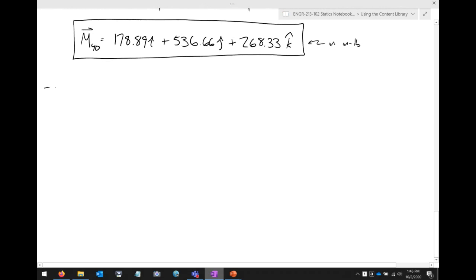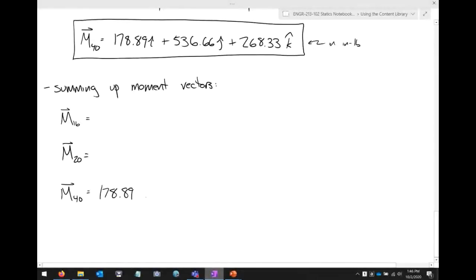So if I say, summing up moment vectors, we have M16, M20, and M40. Now M40, I'm going to write that one first because that one's the big one.